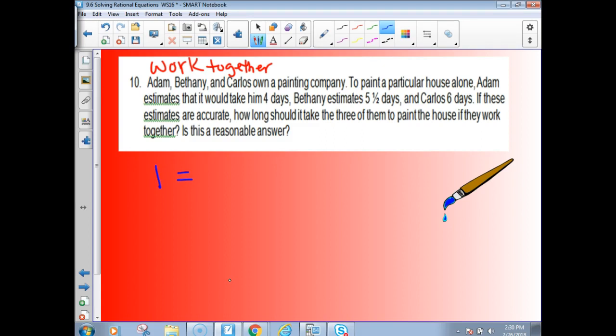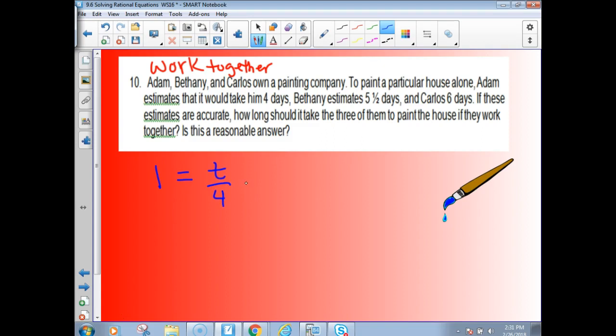Okay, so in 1 day, what can they do? We're going to find out how long it's going to take them to all together do this one job. How much of the job can Adam do? If it takes him 4 days, then he can do 1/4 of that job. So the time he's going to take would be 1/4 of the time that it takes for all of them together.